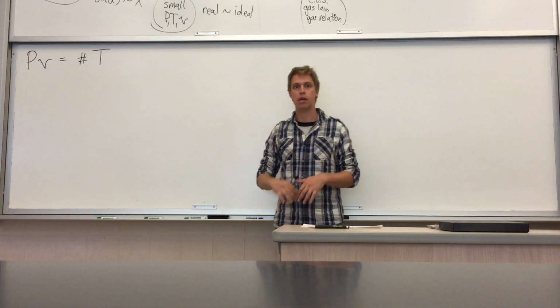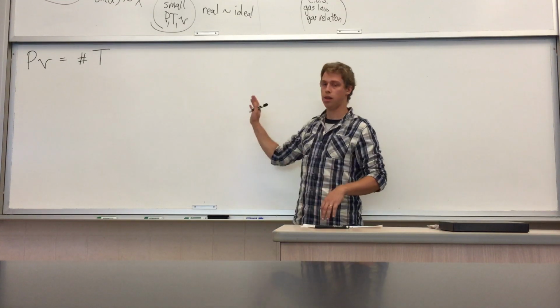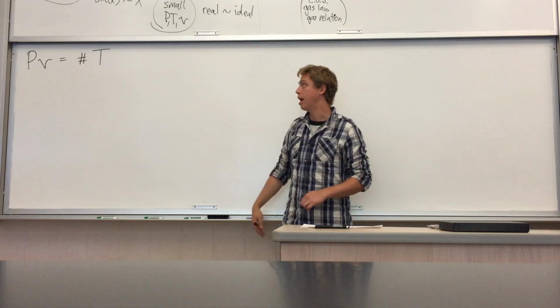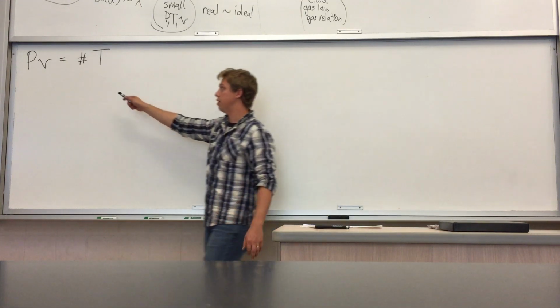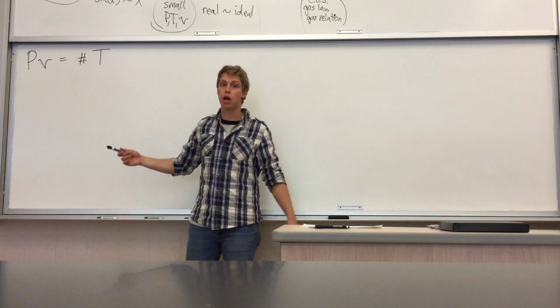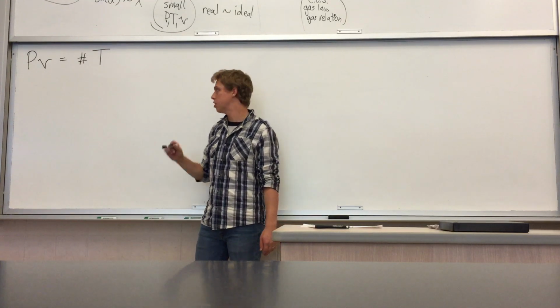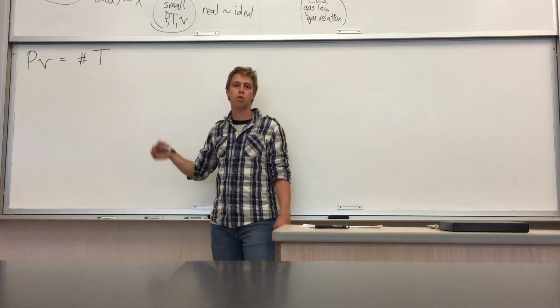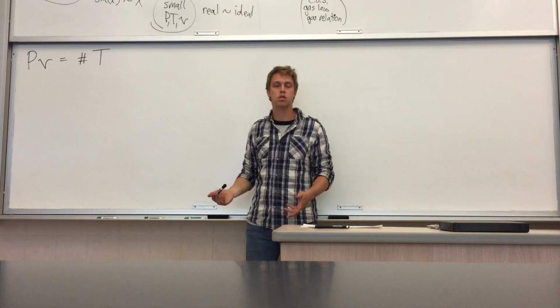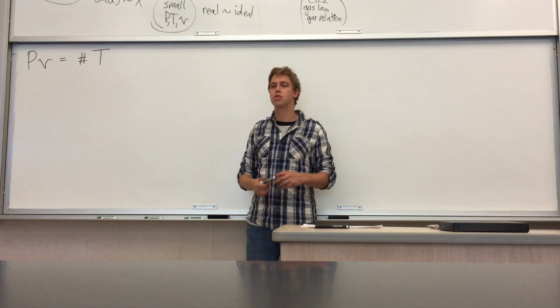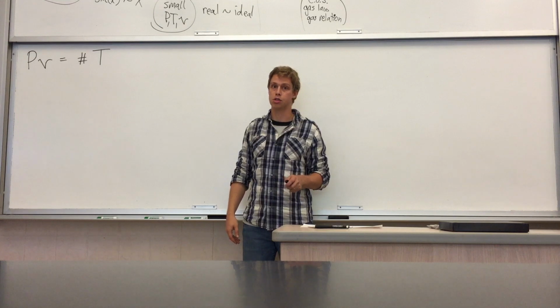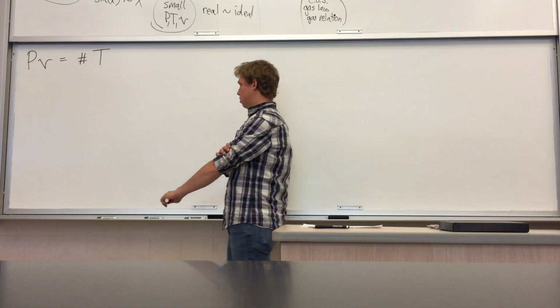That's how it got its name, ideal, from its simplicity. It's beautiful, it's easy to remember, okay? And what we're gonna do is talk about this number, and it's gonna get a little crazy. I just wanna make sure that as it gets crazy, talking about this one number, you don't lose sight of how simple it is. It really is a simple equation. There's just a lot of stuff to remember when it comes to that number right there in front of the temperature, okay?